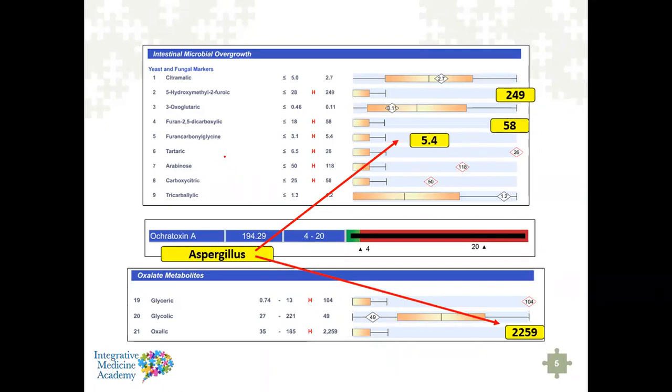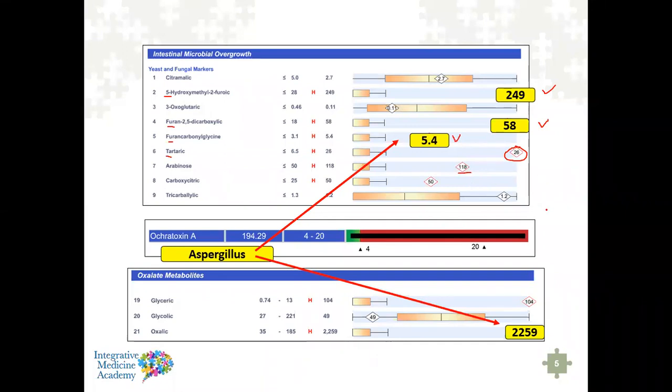I use these slides quite a bit in my lectures. And this was before Great Plains was actually designating markers 2, 4, 5, and 6 as being linked to Aspergillus, but we can see everything is elevated. Number 2 is elevated, number 4, number 5, even number 6. Our arabinose at 118 is also high, indicating invasive candida.